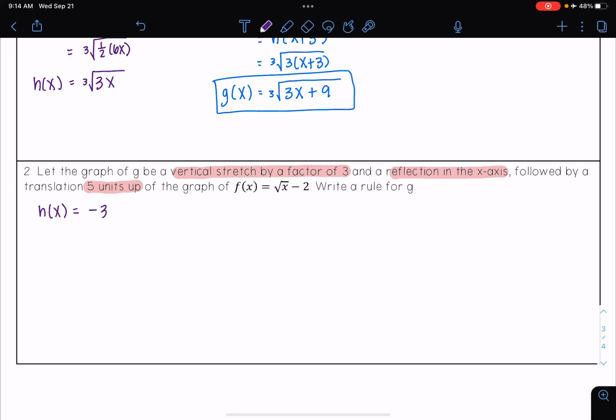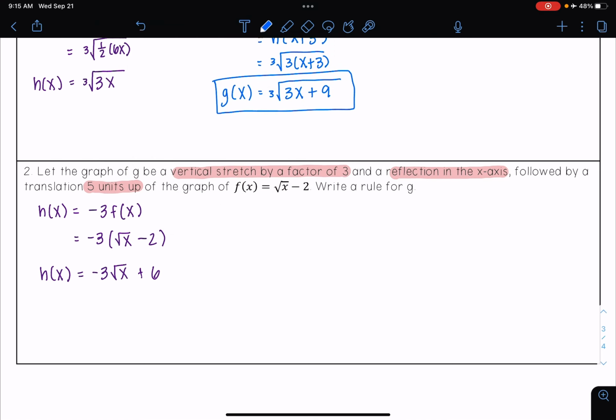So this is going to be negative 3 times f of x. Well, f of x is equal to the square root of x minus 2, so I have negative 3 times the square root of x minus 2. And when I distribute that negative 3, I get that h of x is equal to negative 3 square root of x plus 6.